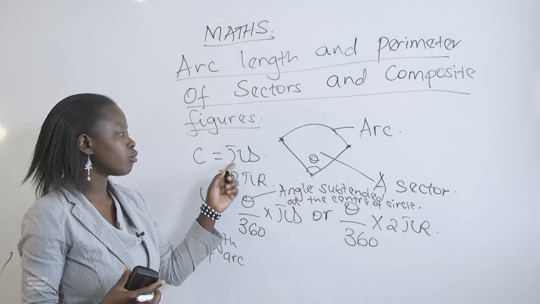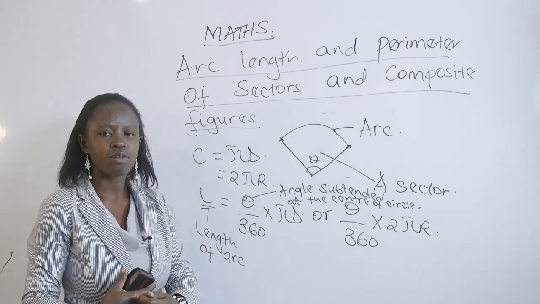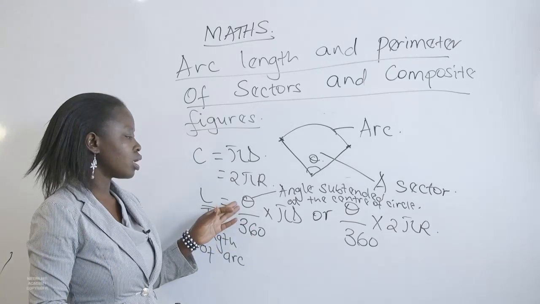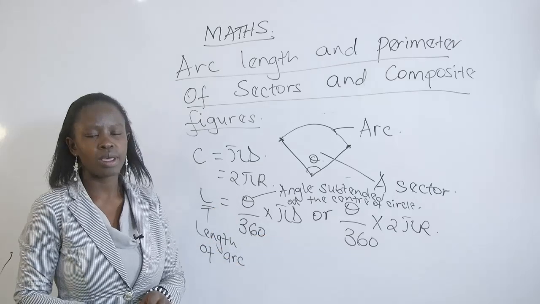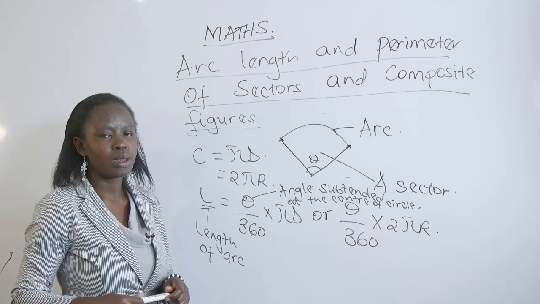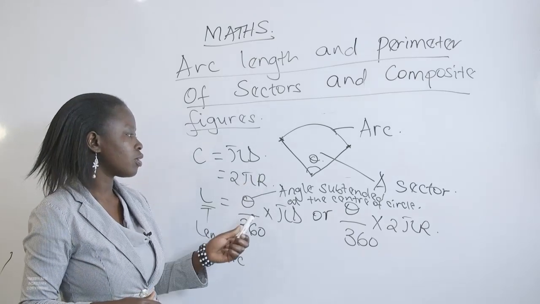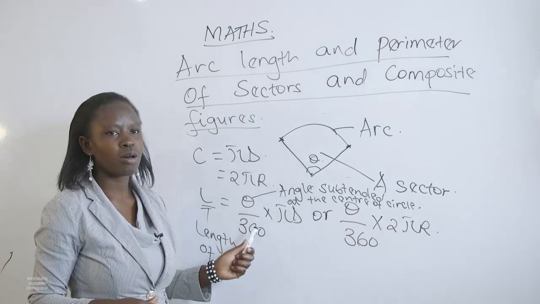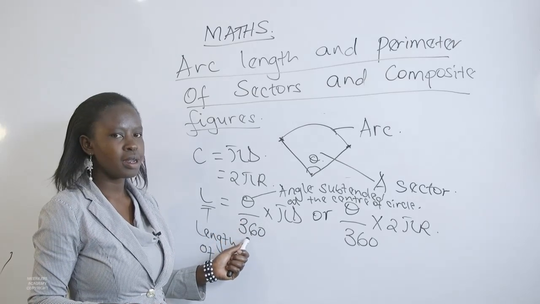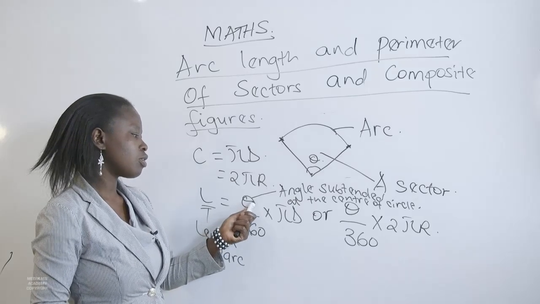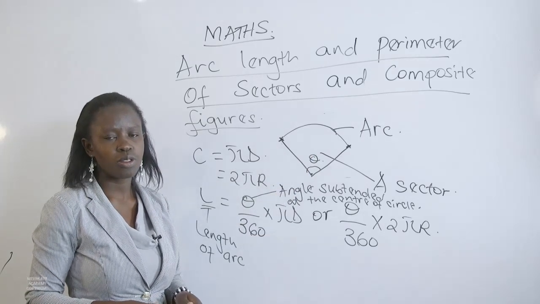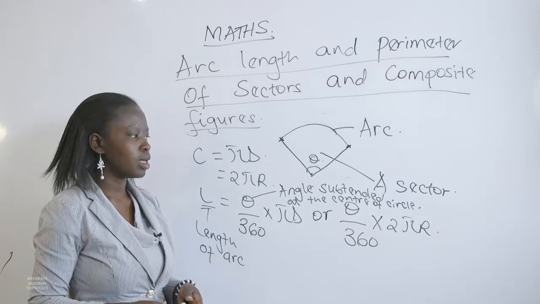So when we are asked to obtain the length of the arc, we are still looking at the same formula that we had for the circumference of the circle, but what simply happens is we add in the fraction of the circle that has been portioned. In this case, the fraction of the circle will be obtained by theta over 360. So this gives us the fraction of the circle that will be made.